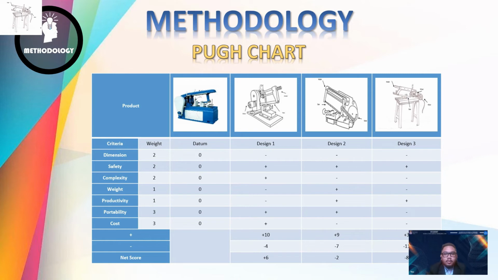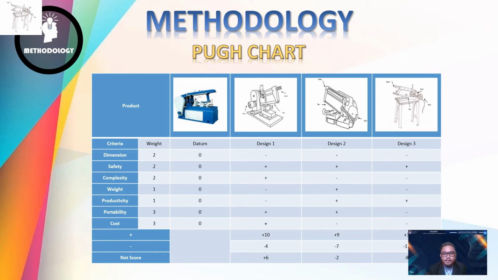All the marks will conclude an assessment. At the end, the highest mark will be the final design selected. As we can see, the highest net score is design one, because it meets all the requirements needed.